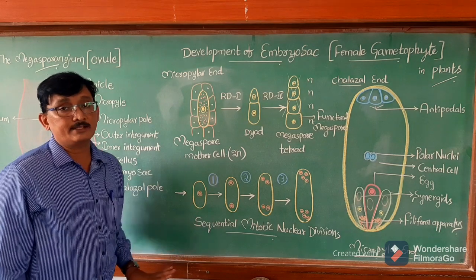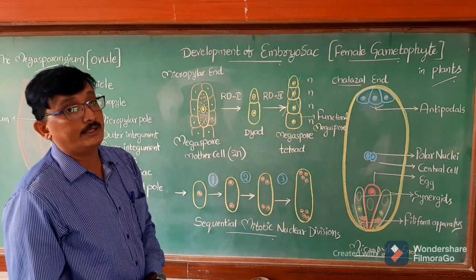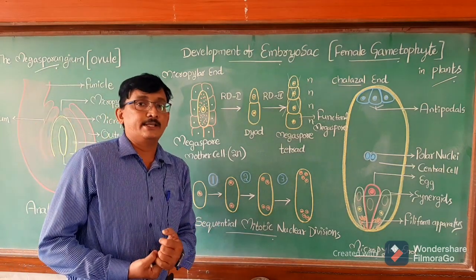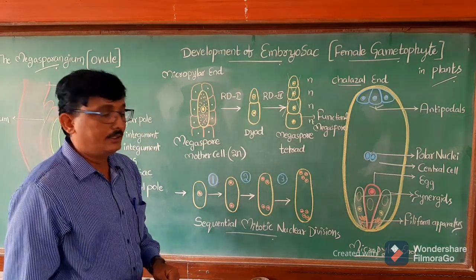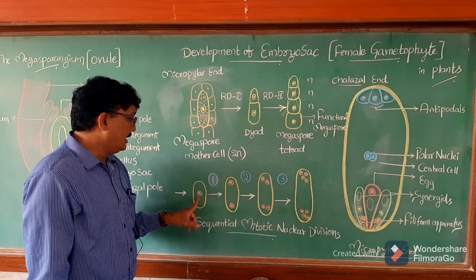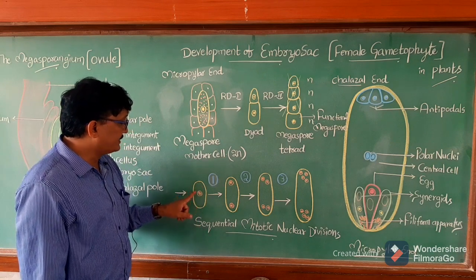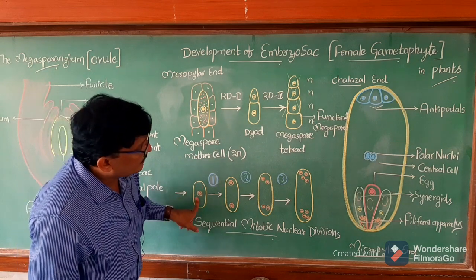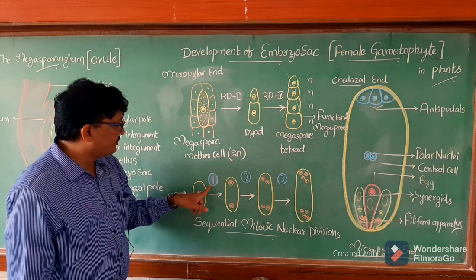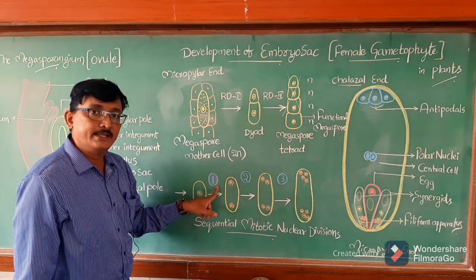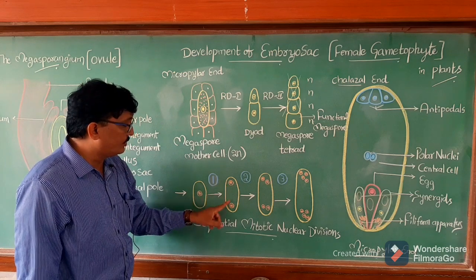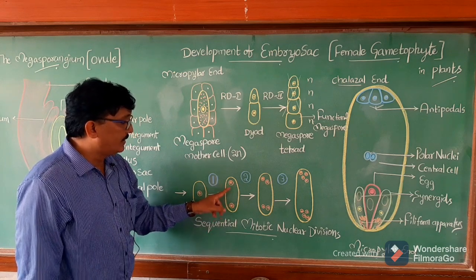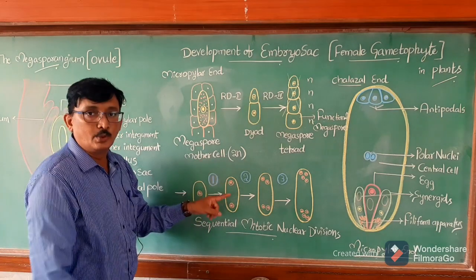In this functional megaspore, mitosis is going to take place, particularly karyokinesis, nuclear divisions. First, one mitotic division takes place, that is nuclear division only. One nucleus divides into 2 nuclei, and these 2 nuclei move towards the opposite poles.